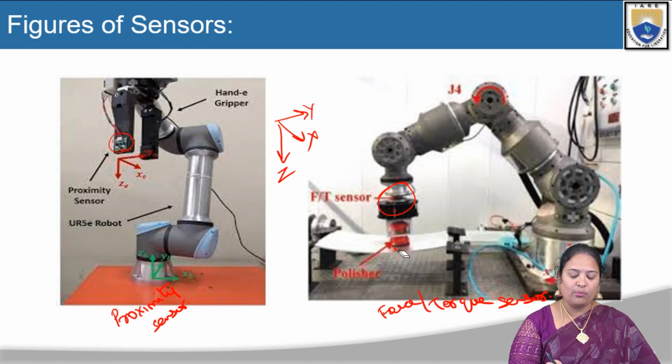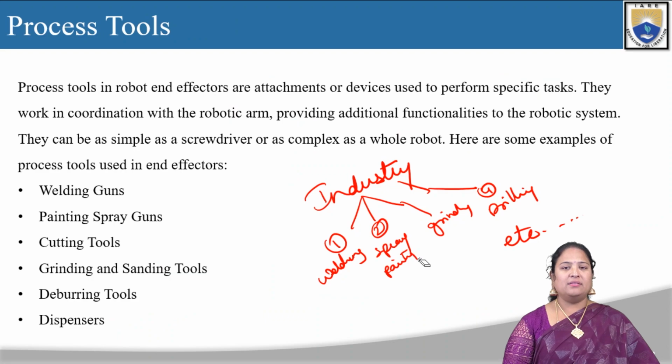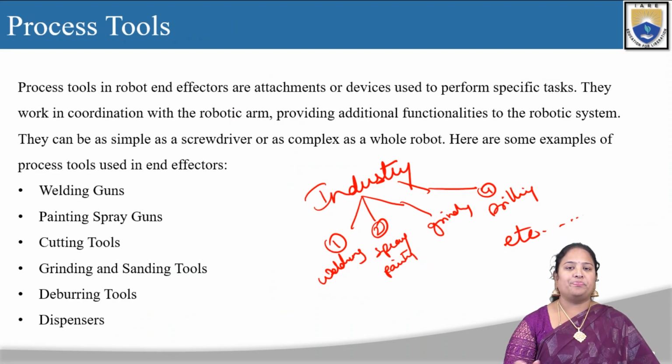For example, if we require some grinding operation to be done, there we place some grinding wheel and the grinding operation will be done. So depending upon the type of the application, the end effector's tool will be changing. Depending upon the type of the operation, the end effector's process tool will be changing.